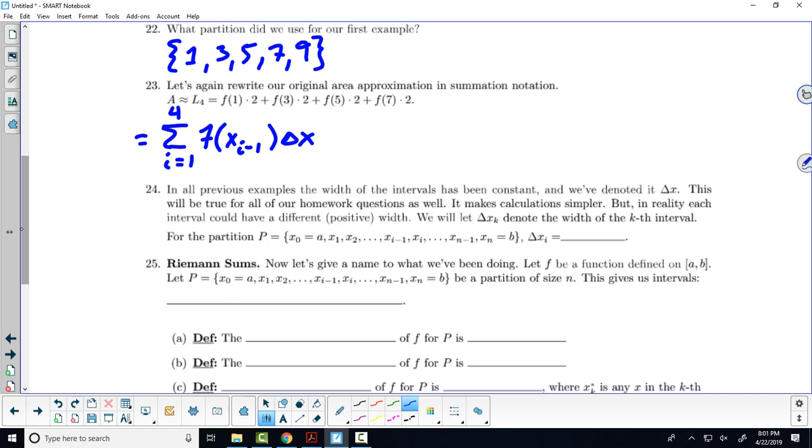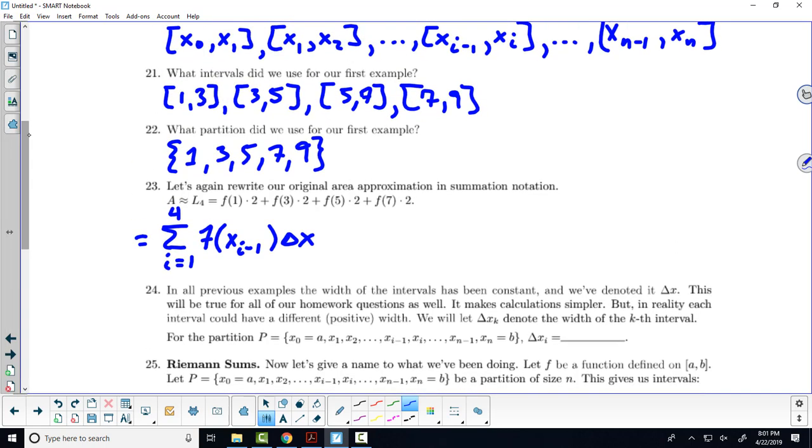Double check me here. In this partition up here, when x is 1, we label that as what? X of 0, x naught, right? So when I want the 0th value from here, I put i minus 1. Does everyone see that? Because i starts at 1, and when I put a 1 there, I get 1 minus 1. Okay? And then this is the x0, the x1, the x2, the x3, the x4, and I want to only include the x3 value.